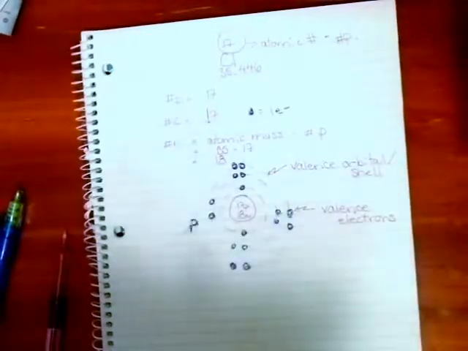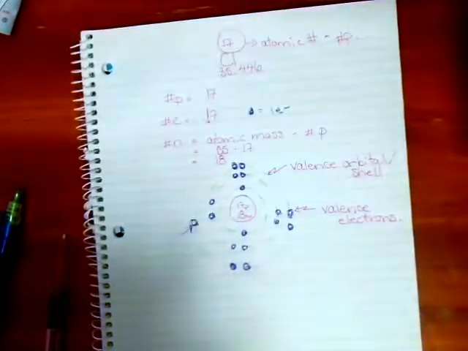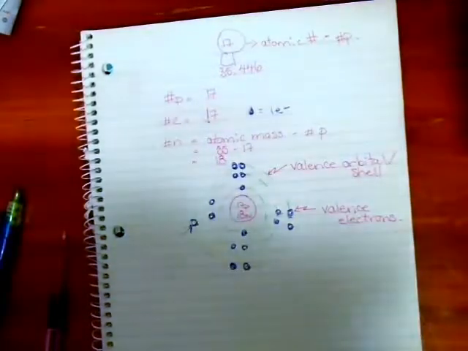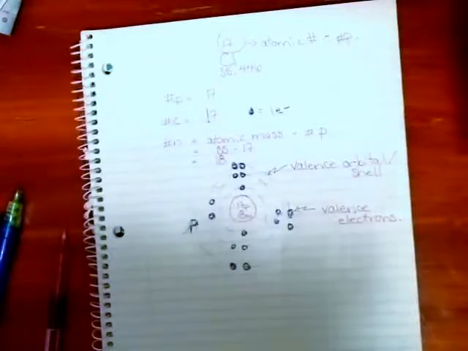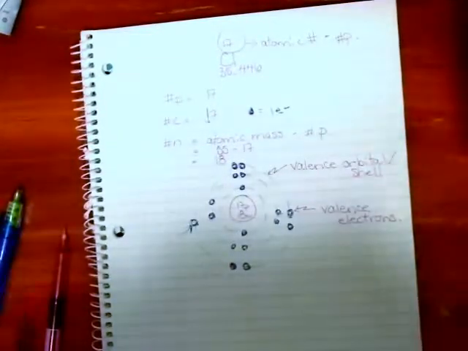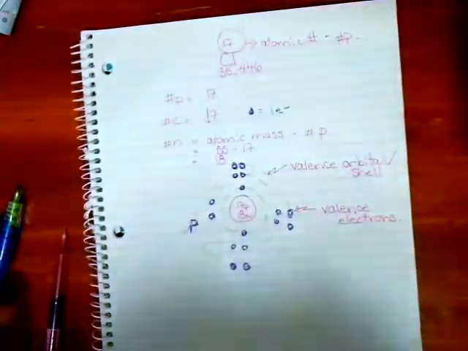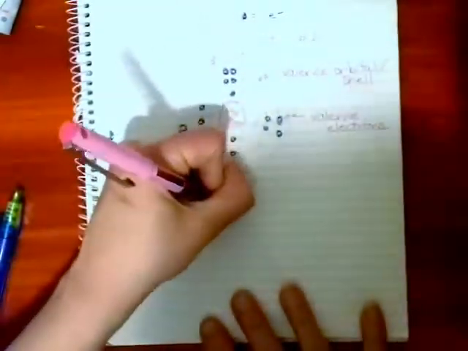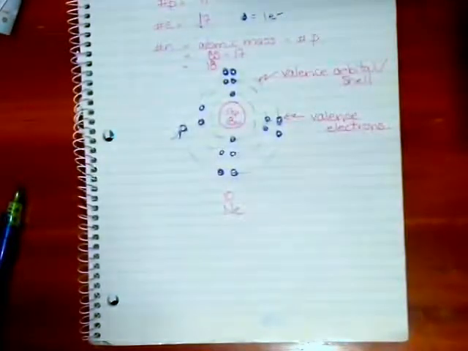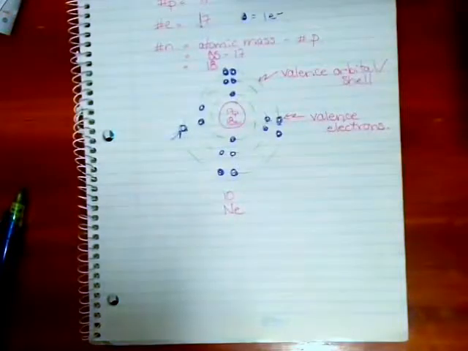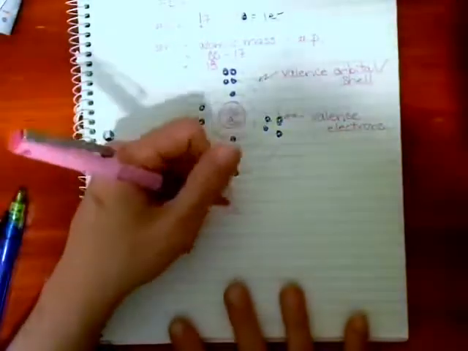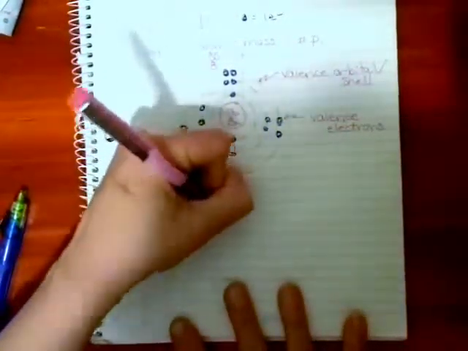Okay, so now, I said earlier that everybody wants to be like a noble gas. And the reason is because the noble gases, if I look at, say, neon, okay, neon's number 10, I think. Let's check. Yeah, it's number 10, and it weighs 20.180.